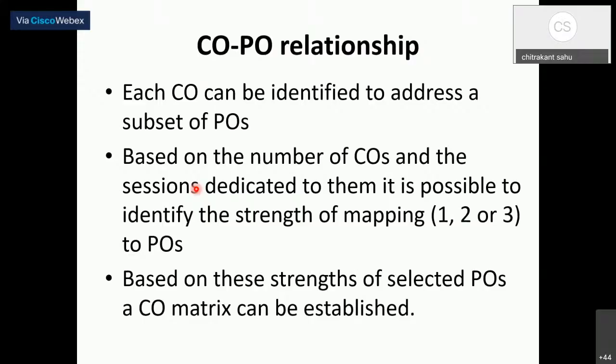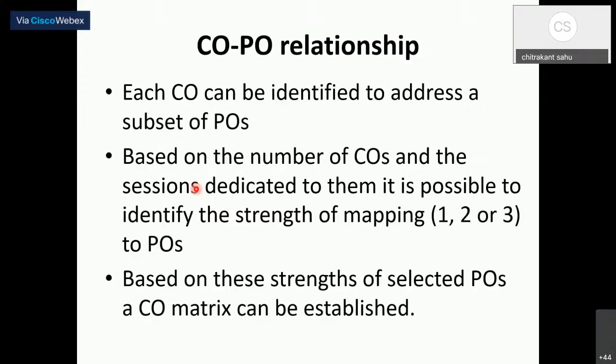So now we are moving towards how we can measure the outcomes of a student using the different subjects and different laboratory work and project work. Okay, so for that we need to establish a relation that is called the CO and PO relationship, course outcome and program outcome relationship. So each CO can be identified to address a subset of POs as we discussed.